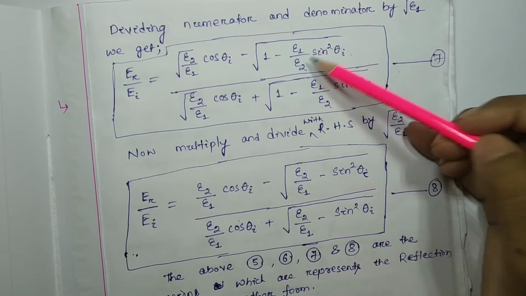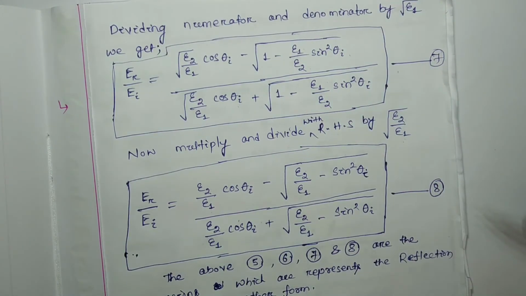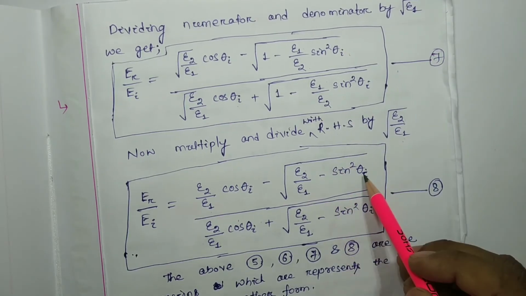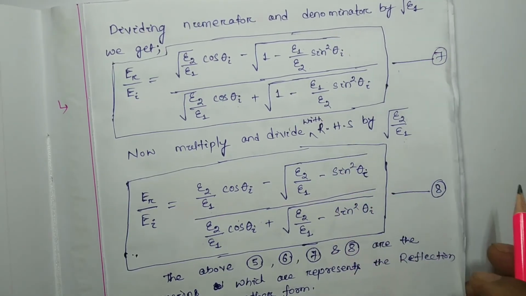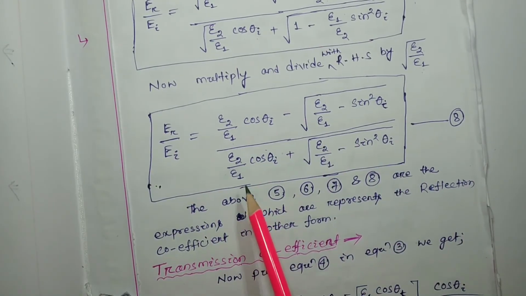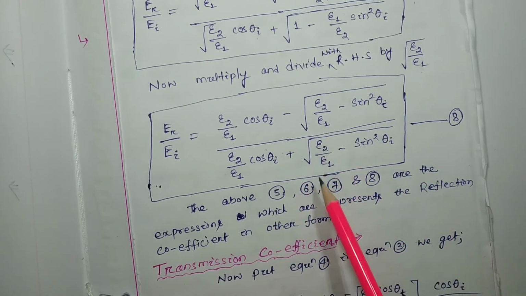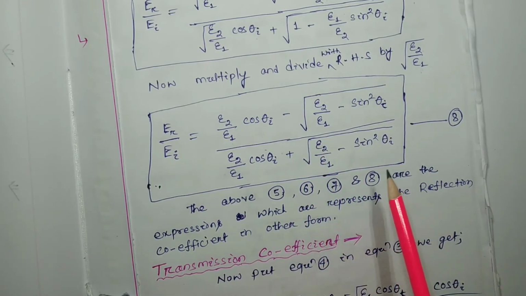When it is multiplied with epsilon 2 by epsilon 1, it will be cancelled out. Epsilon 2, epsilon 2 and epsilon 1, epsilon 1 will be cancelled. Only sine square theta I will be left, and divided by epsilon 2 by epsilon 1 cos theta I plus whole root over of epsilon 2 by epsilon 1 minus sine square theta I.